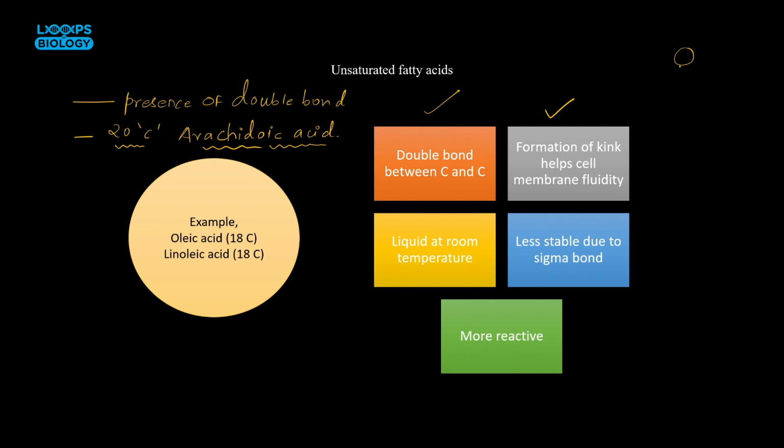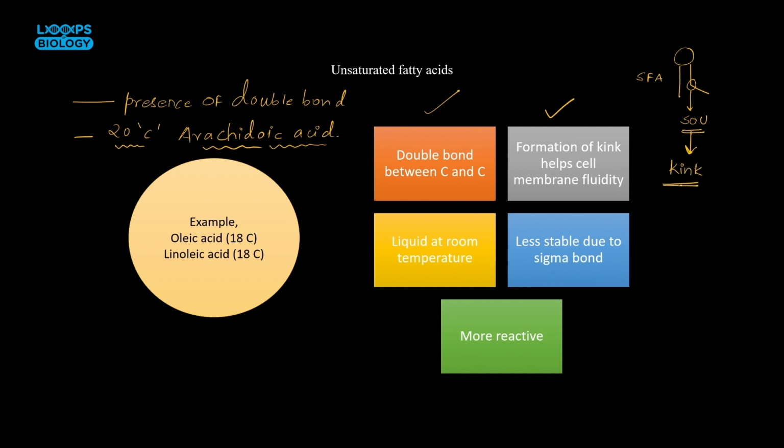Whenever I'm talking about a cell membrane, in case of cell membrane, there is one straight chain which is made up of saturated fatty acid, and there is one chain which is bent like this. This is nothing but your site of unsaturation, and this site of unsaturation is basically called a kink.